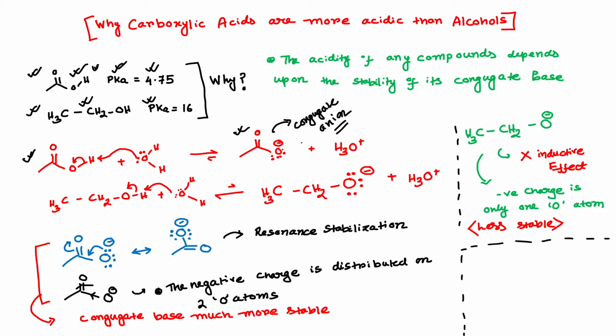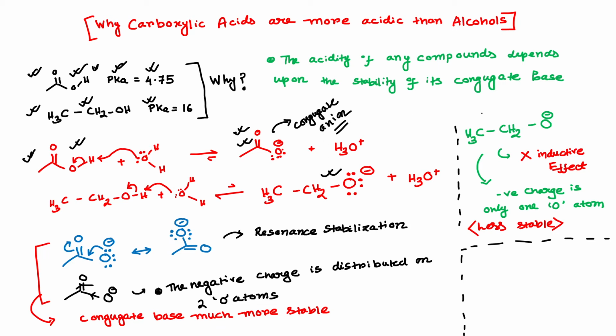If this conjugate anion is very stable, then we can say that this compound is much more acidic. So the acidity depends solely on the stability of the conjugate anion. Here we have to decide, between this acetate anion and this ethoxy anion, which conjugate anion is more stable.